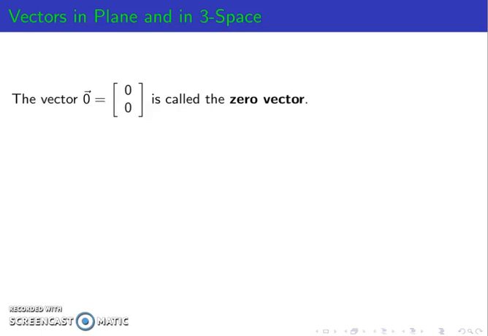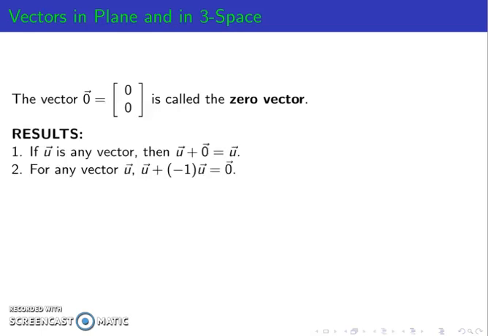Alright, so for the results, okay, first result. If U is any vector, then vector U added by 0 is just vector U. And number 2, for any vector U, U plus negative 1 times U is equal to 0.